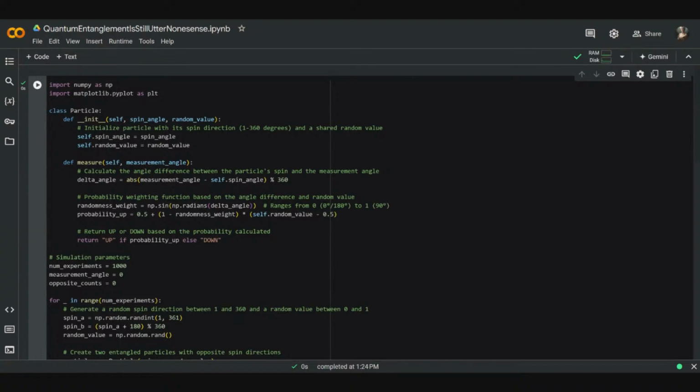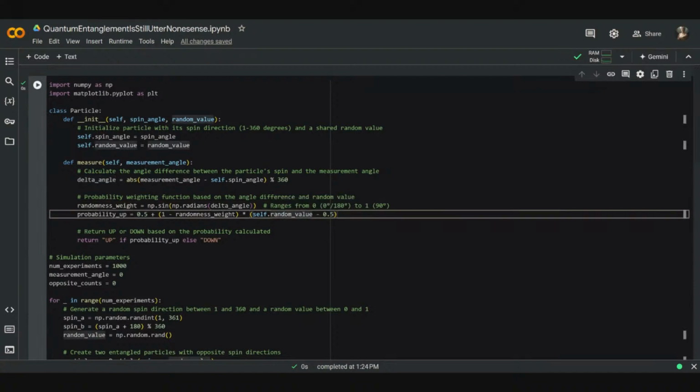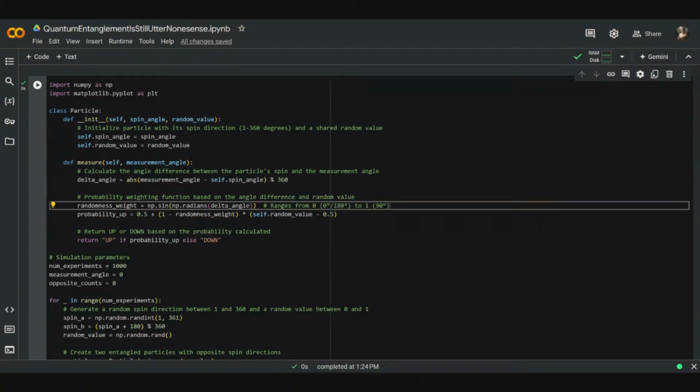The randomness weight, so the probability up is 0.5. Wait, what? The delta, so the randomness, what is it doing? The randomness, right?